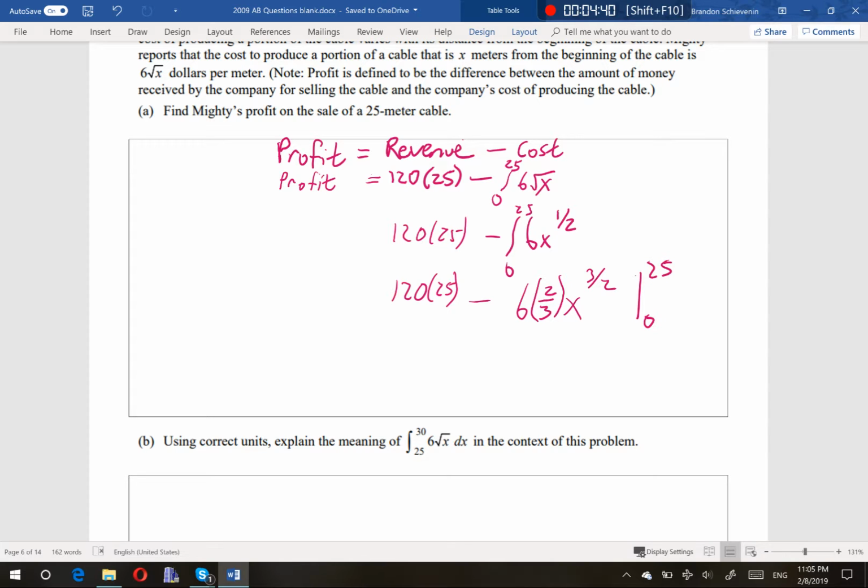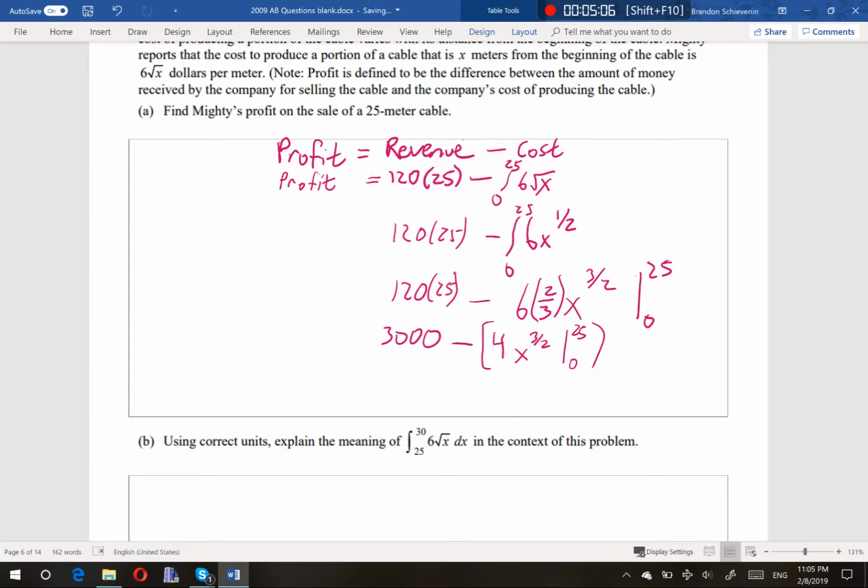Should give me, what is that? That's 3,000. Minus my 6 and my 3 will cancel, so I have 2 times 2 is 4 x to the 3/2 power. And then I've got to plug in my upper bound and lower bound for that part.